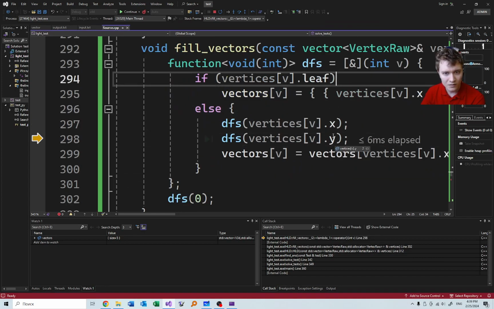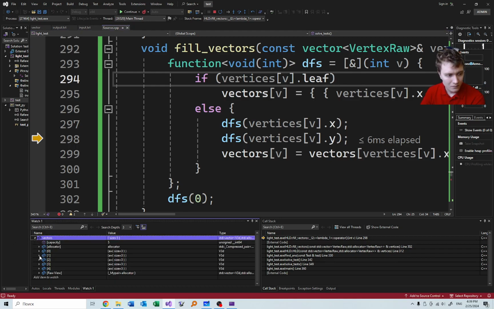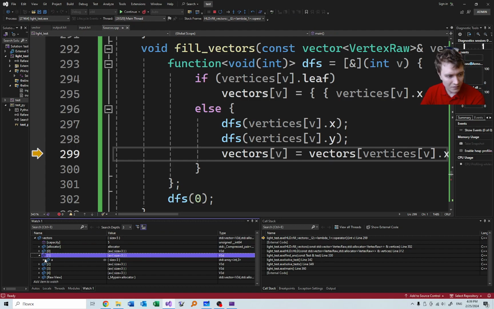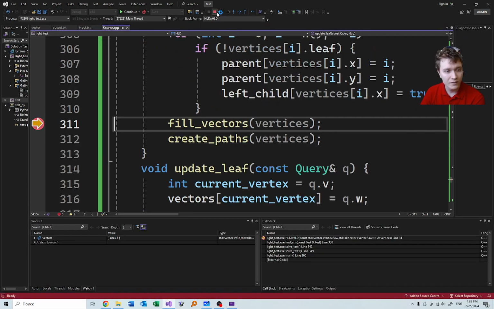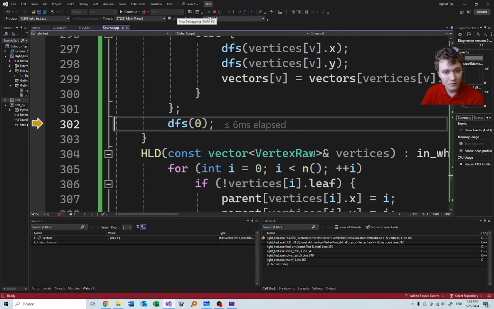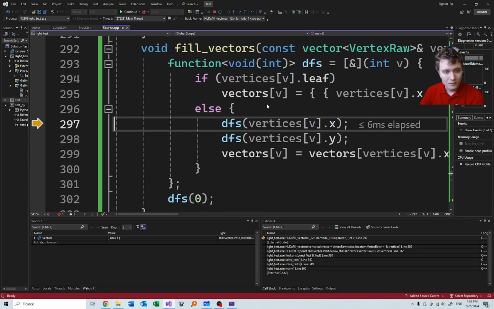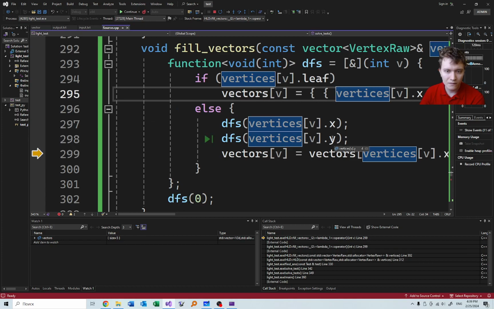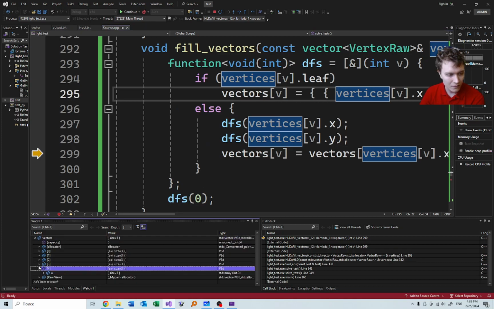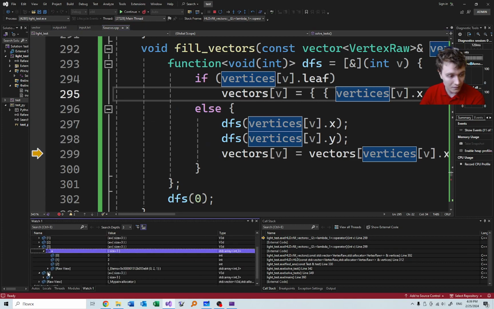So what are children? 1 and 2? Okay, are 1 and 2 correct? 1 is this and 2 is failed. 2 is not correct. Let's look into 2. Okay, 2 has children 3 and 4. 3 and 4 are fine.